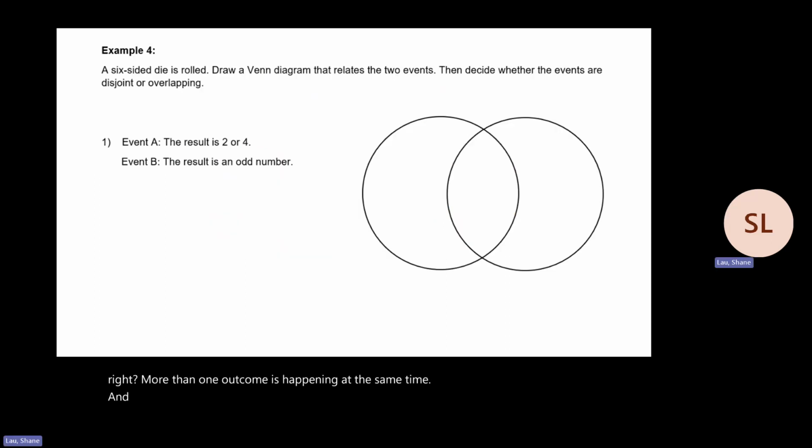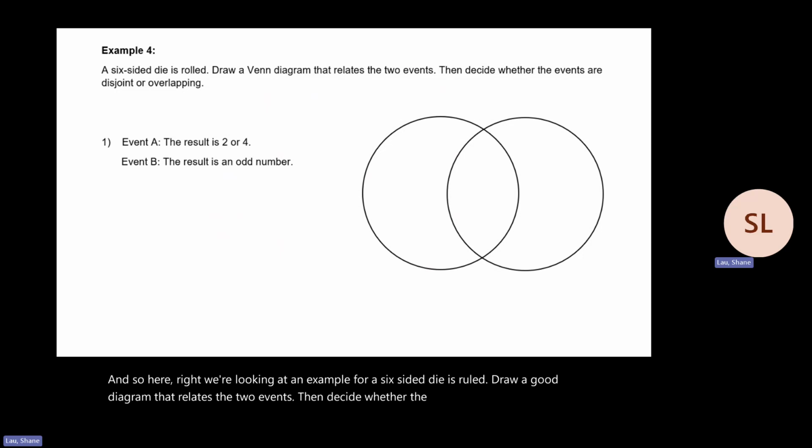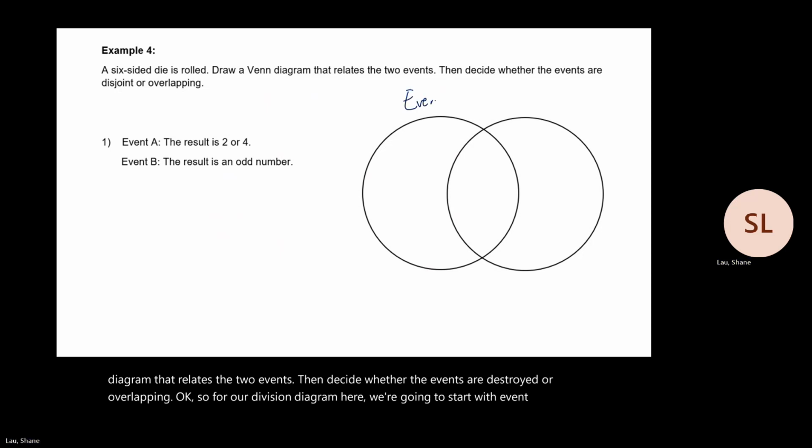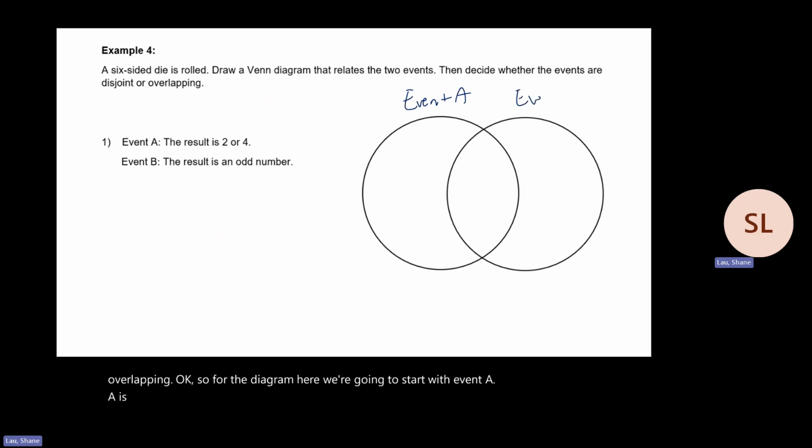And so here we're looking at example 4. A 6-sided die is rolled. Draw a Venn diagram that relates the two events, then decide whether the events are disjoint or overlapping. For our Venn diagram, we're going to start with event A. Event A is here, then event B is here. In event A, we're looking for a 2 and a 4.